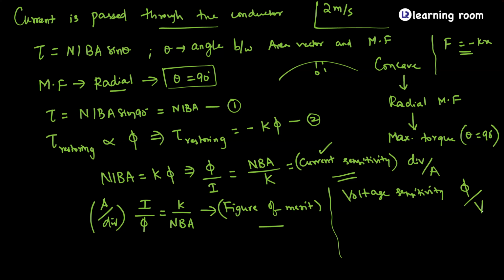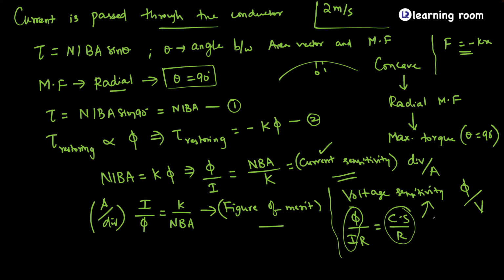See, when current sensitivity is deflection per unit current, voltage sensitivity will be deflection per unit volt. Right? So we know that V is equal to IR. So phi divided by V, you will write it as phi divided by I into R. So this phi by I is called current sensitivity. So current sensitivity divided by resistance is what is going to give you voltage sensitivity. So whatever value I have calculated here, that value should be multiplied with R in the denominator.